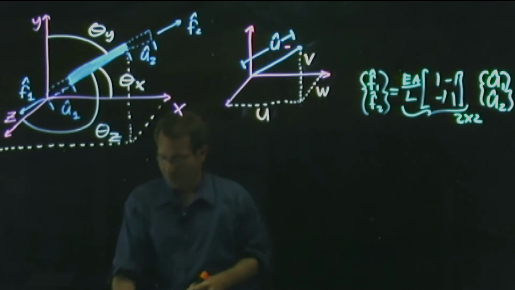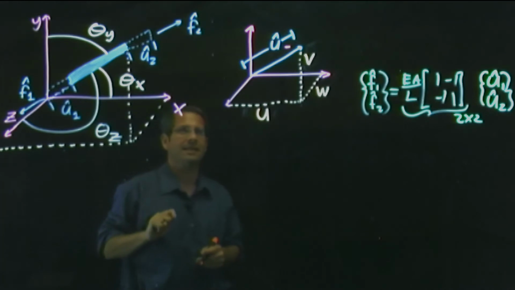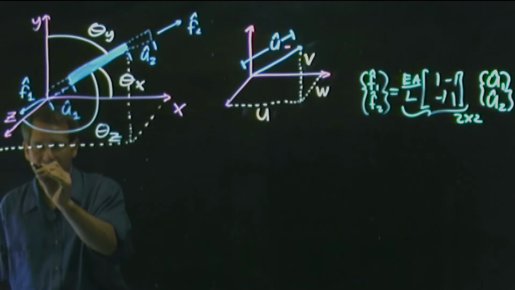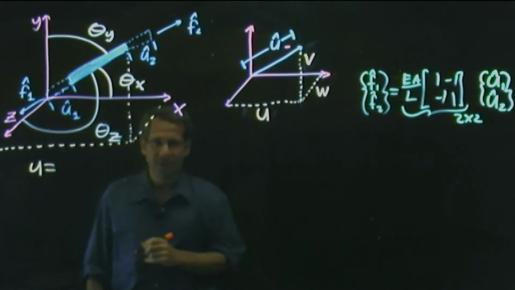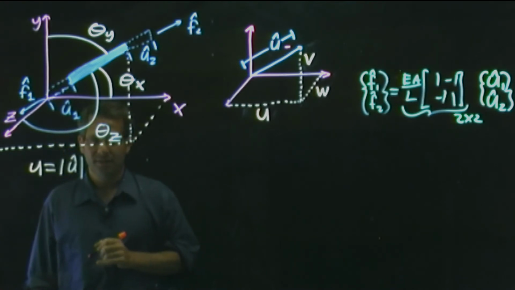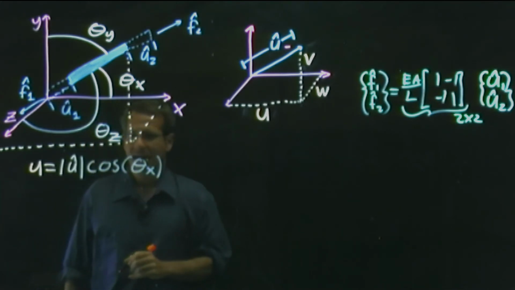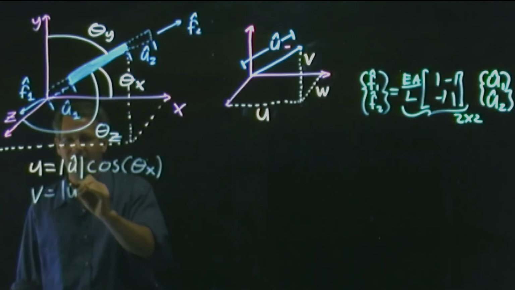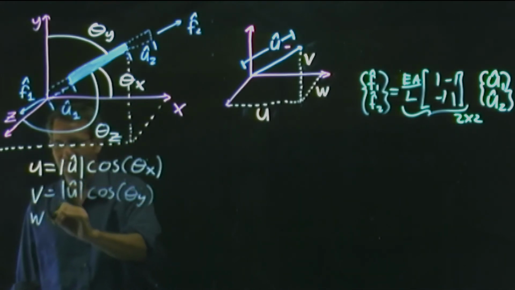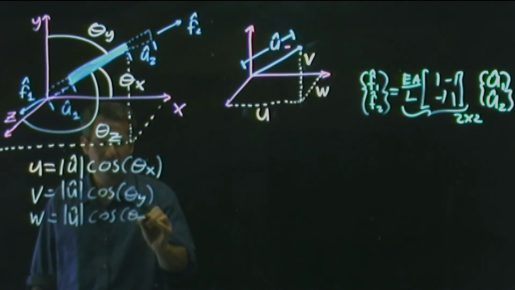Now, from the way I defined theta x, theta y, and theta z, I hope you can see that my length u is simply equal to the length of u hat times cosine of theta x. And likewise, v equals the length of u hat times cosine theta y, and w equals the length of u hat times cosine theta z.